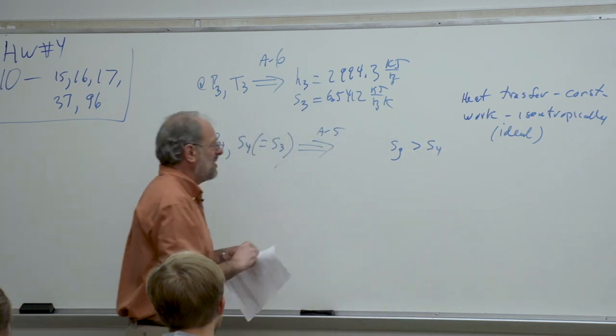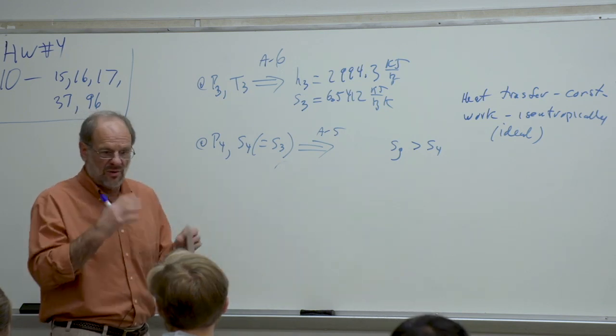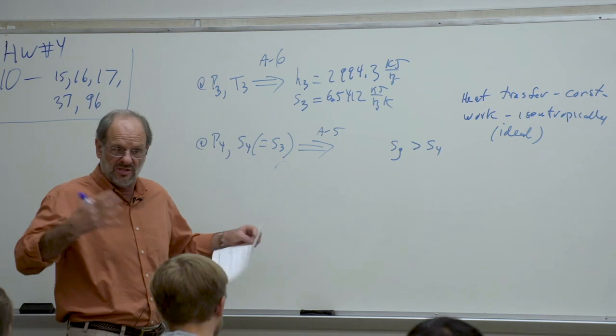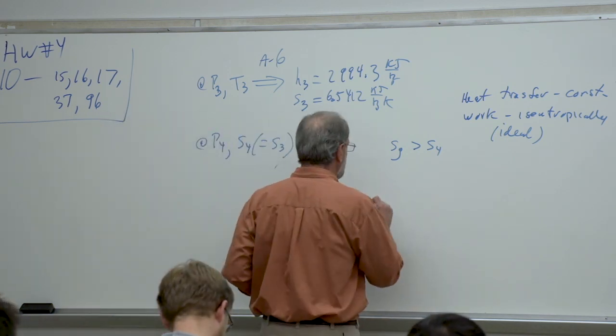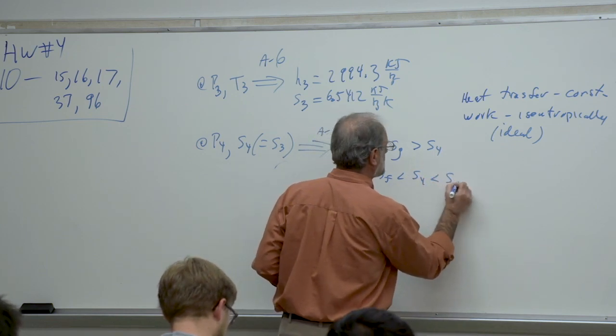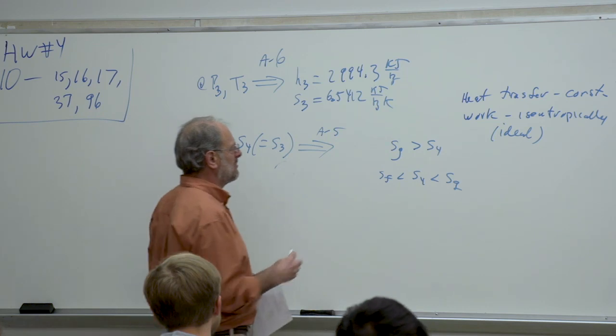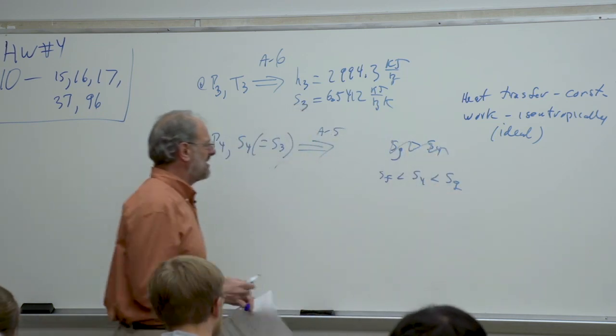So if point 4 is less than that of a saturated vapor, clearly we're in between SF and SG. This is a two-phase mixture. Maybe another way to write this would be to note that SF is less than S4, which is less than SG. Perhaps that would be a little more understandable. Let's just leave it in that form.